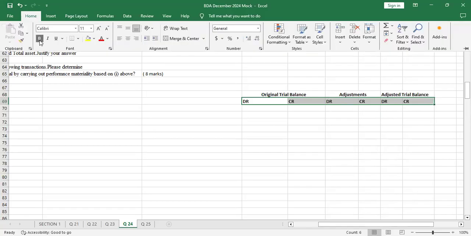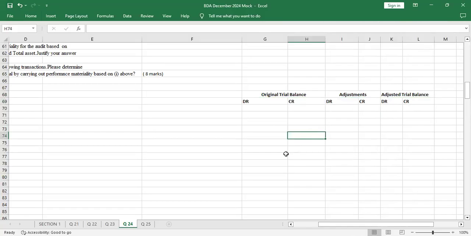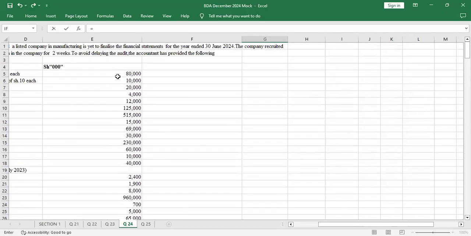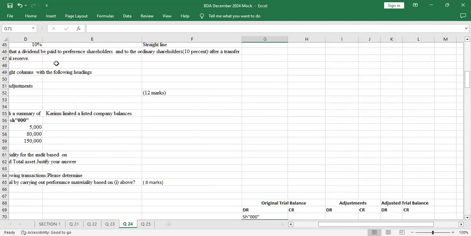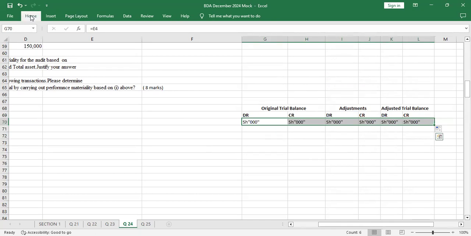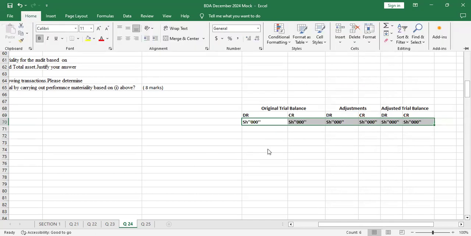Go to bold. Then the shillings were in thousands, so just copy from the information provided. I'll also bold that. Good.